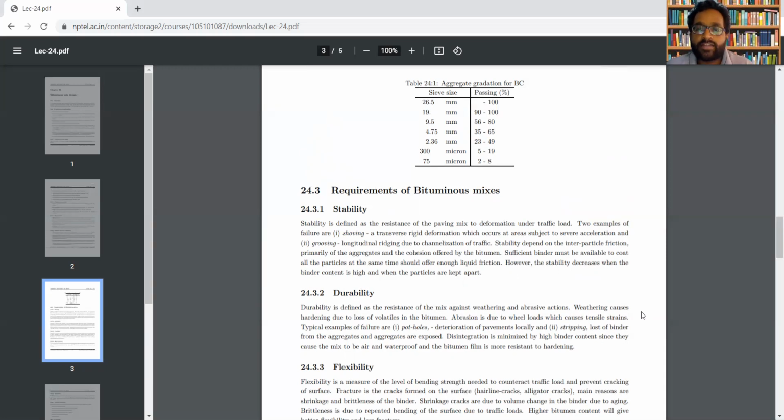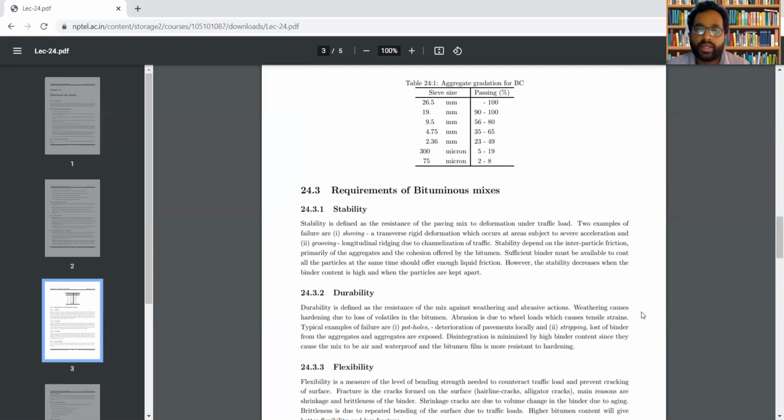Now, there are two examples of failure. One is shoving and the other one is grooving. Shoving means in areas that are subjected to severe acceleration, there will be a rigid transverse deformation occurring on the pavement surface.